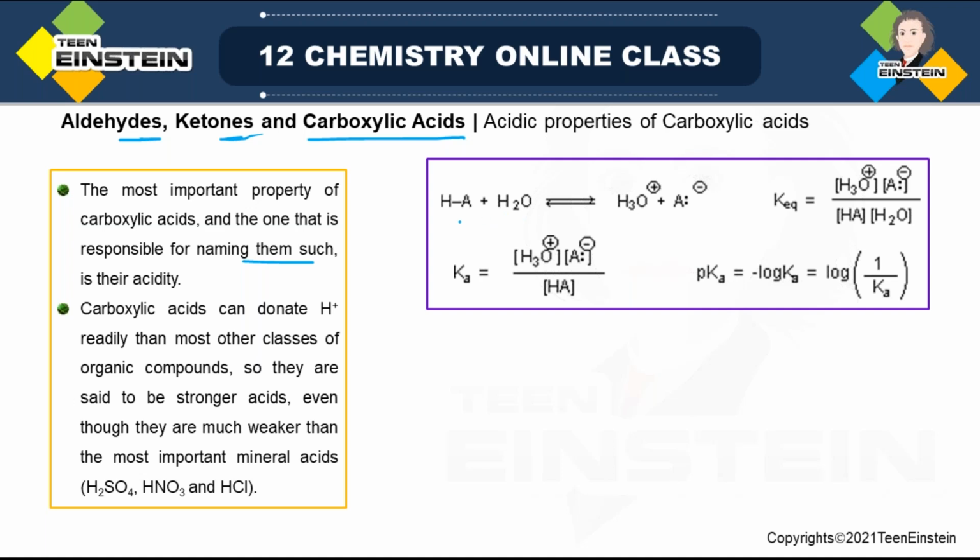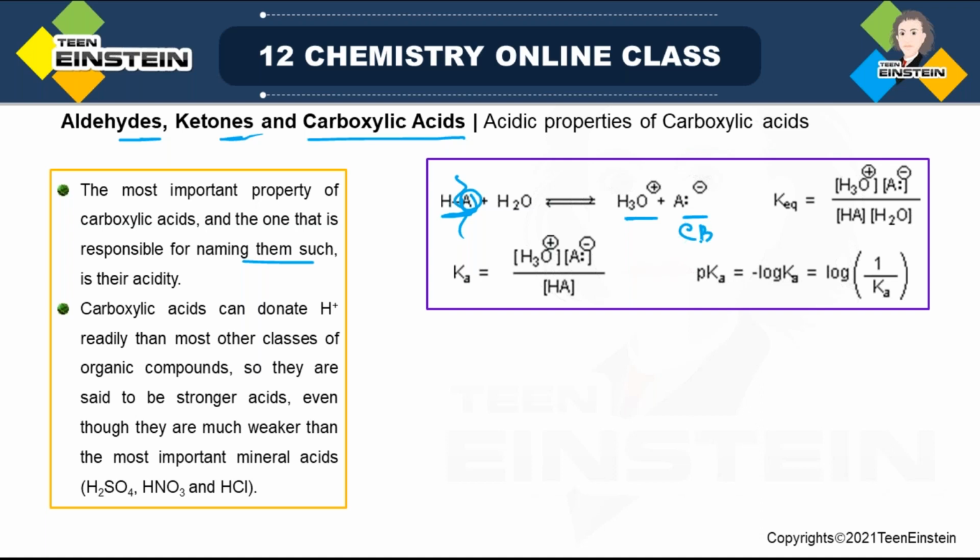So suppose the general structure, if I write for any acid, not just carboxylic acid, HA. So in carboxylic acid, you can consider this part is the RCO2 part. Okay. So when it is in the presence of water, it forms hydronium ion, and this is the conjugate base. Because this bond is broken, A minus is the conjugate base.